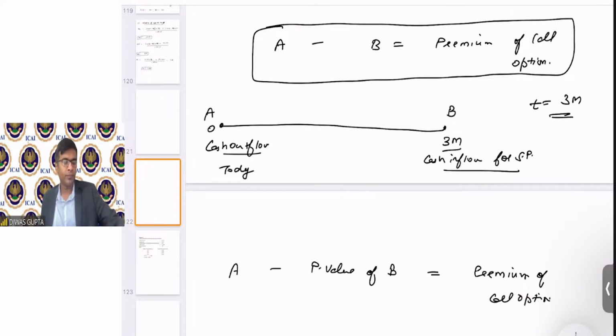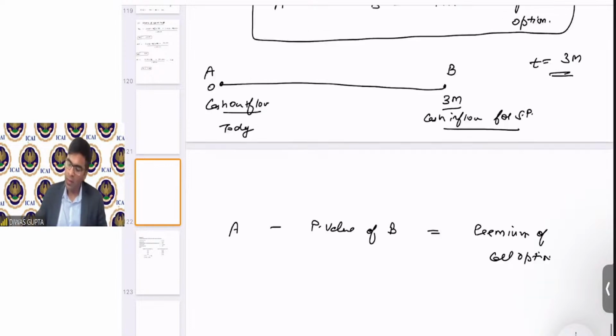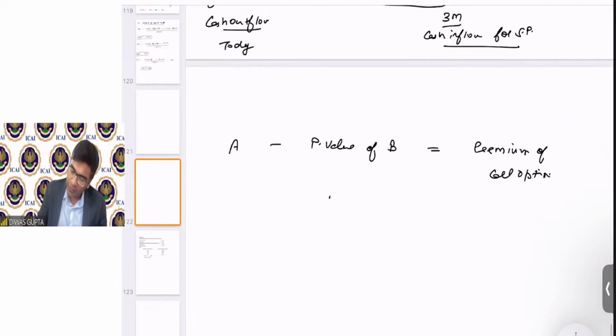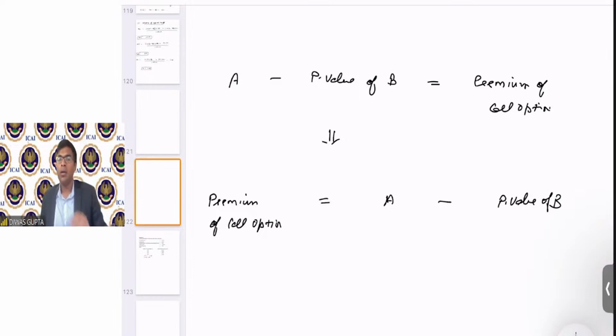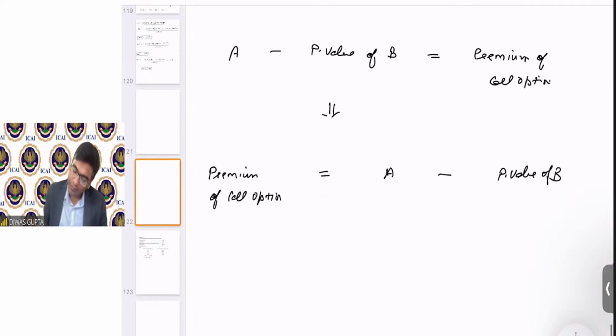Now let us evaluate it further. Premium of call option is equal to A minus present value of B. Simple. Now, can I say that this A is equal to the spot price of the share? Yes, because today I'm purchasing and hence A becomes the spot price of the share.